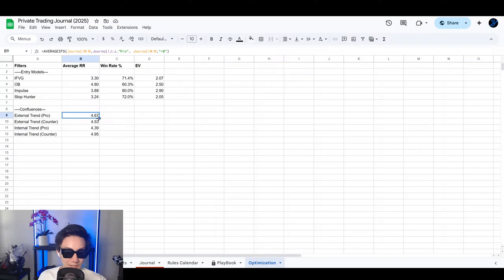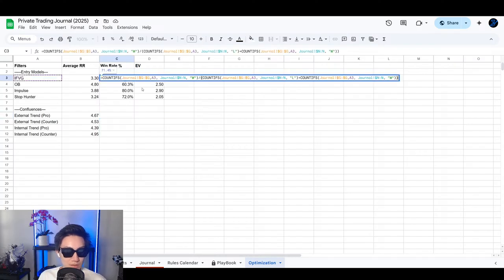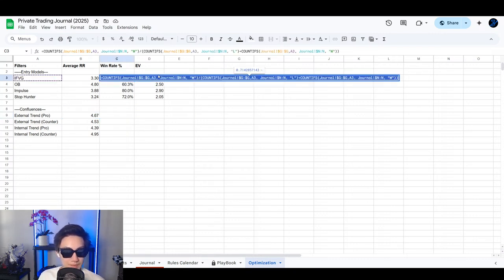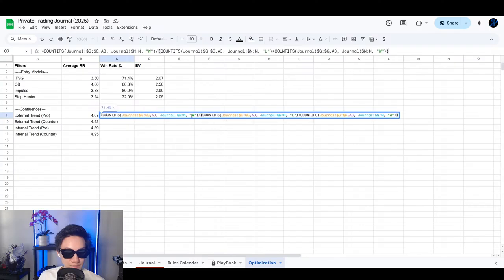But let's check out the win rate now. Okay guys, let's check out the win rate here. All we do is the same thing, except we have to use this formula because it's win rate this time. So we can copy and paste this here, except we have to change some things.